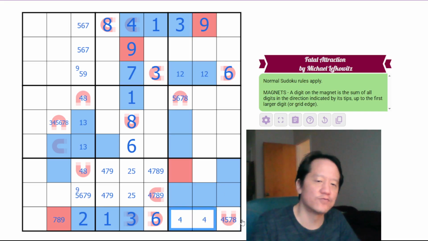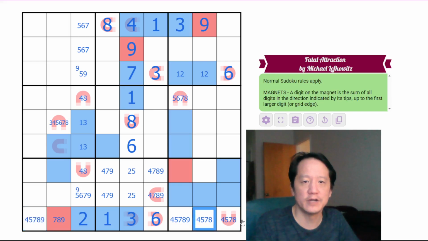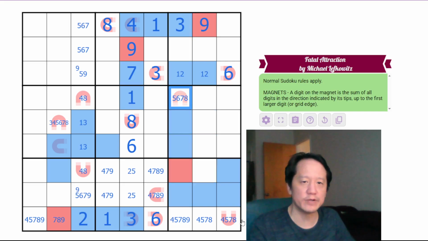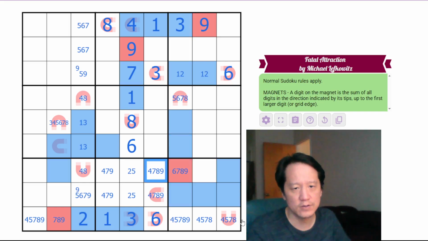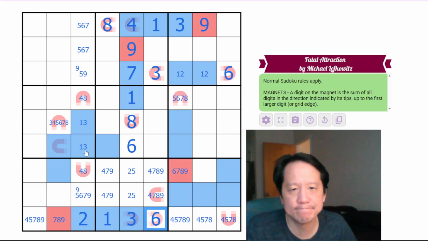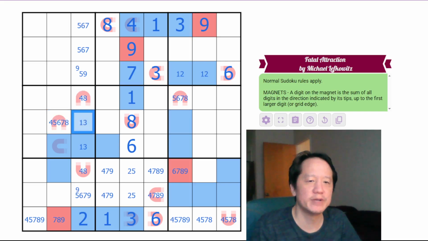Remaining digits of row 9 are 4, 5, 7, 8, 9. No 9 here because of 9 in the column. This digit must be greater than 5, 6, 7, or 8, so this is 6 through 9 there. Okay. This cannot be 3 because of the 1, 3 pair in the box.